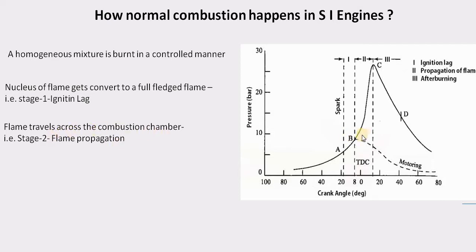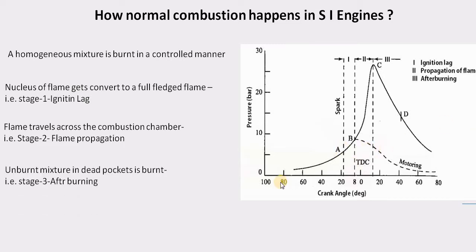In this stage, which starts from B, the fully fledged flame travels across the combustion chamber, from the spark plug location to all the other corners of the combustion chamber. Finally we reach point C, which corresponds to the maximum pressure inside the combustion chamber.